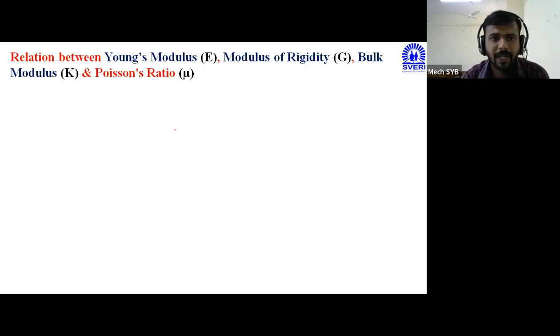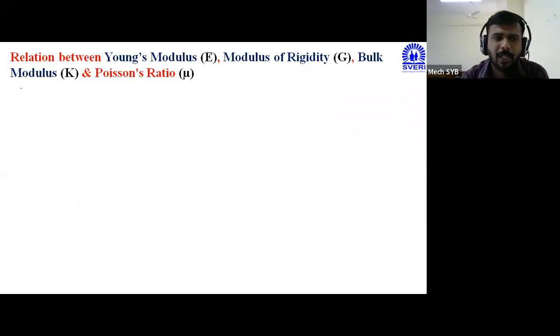You can write down the heading: relation between Young's modulus E, modulus of rigidity G, bulk modulus K, and the Poisson's ratio. So already I have given that relations in the previous chapters as a theoretical point, but as we have to solve the numericals now, so once again I will give the list of all the relations between all the elastic constants. You are having these derivations also. How these derivations will be defined?